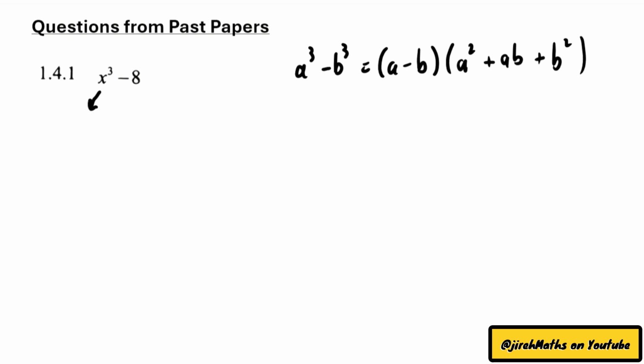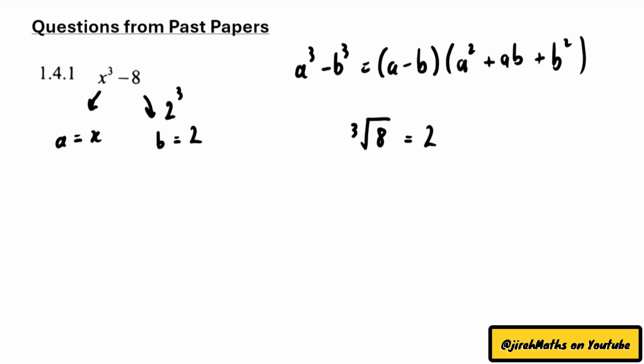In this case, a is equal to x, and 8 is equal to 2 cubed, therefore b is equal to 2. Another way to determine what's the cube root of 8 is just to say cube root 8 and you'll get 2. Okay, so that's how you can determine if a number is a perfect cube as well. Just take the cube root.